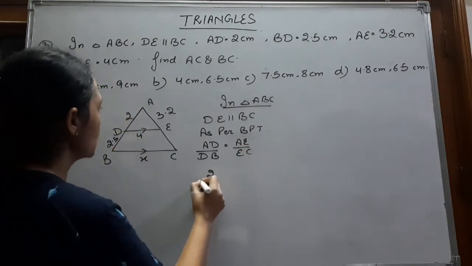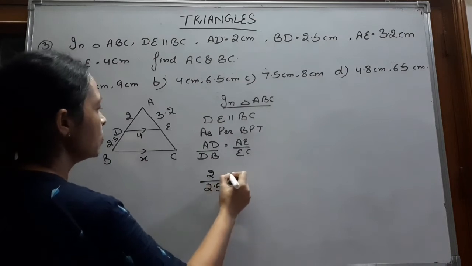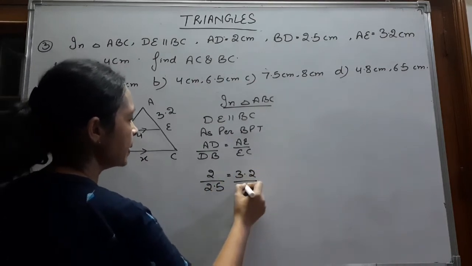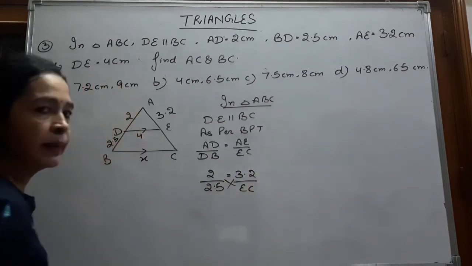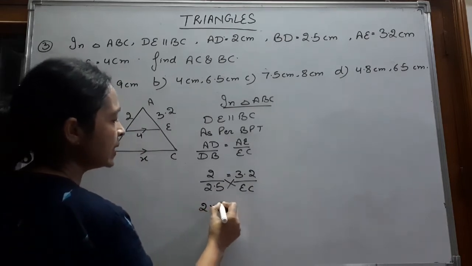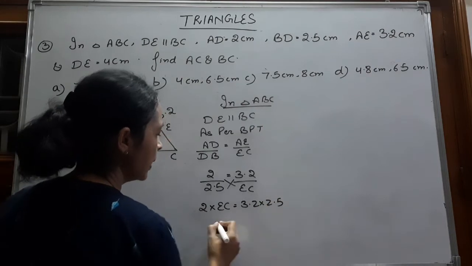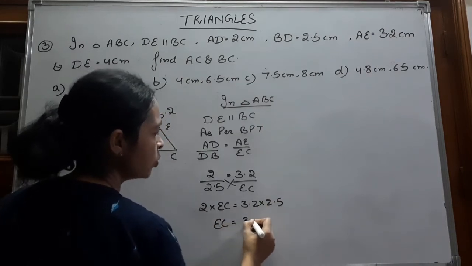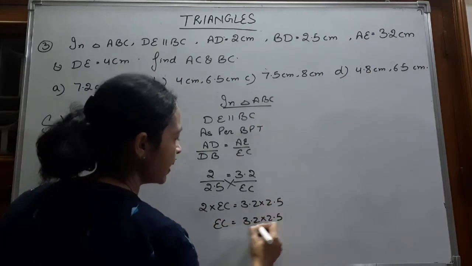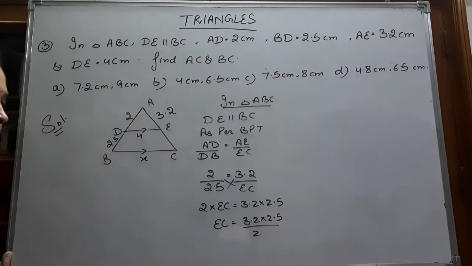AD is 2 upon 2.5 equals 3.2 by EC. Cross multiply. 2 into EC equals 3.2 into 2.5 and EC will be 3.2 into 2.5 by 2.